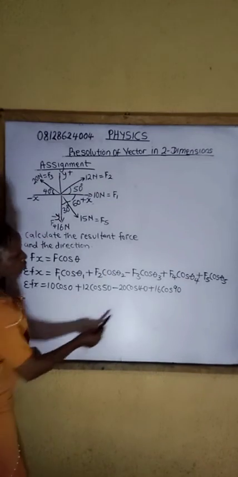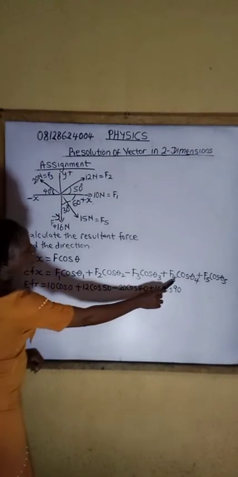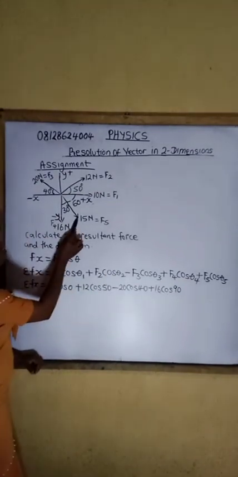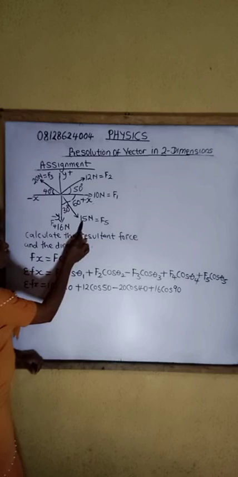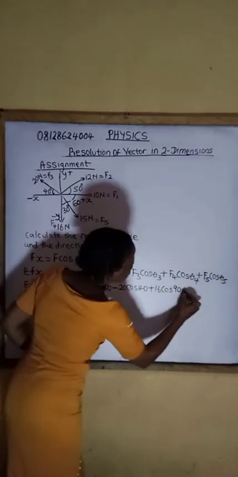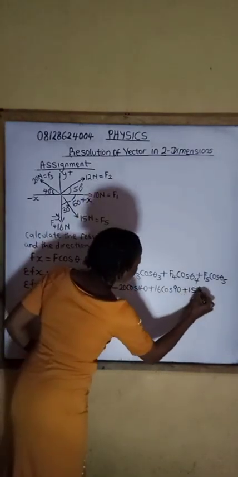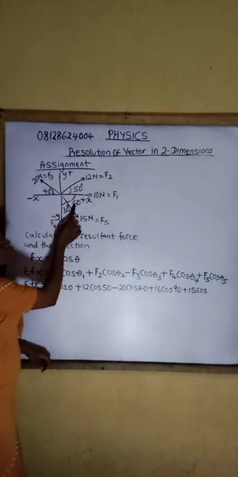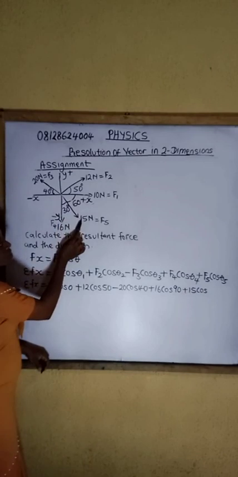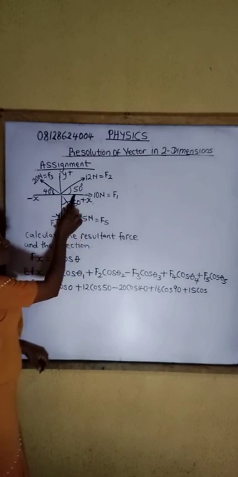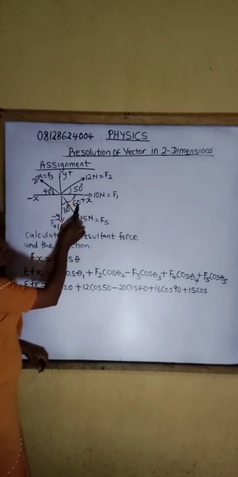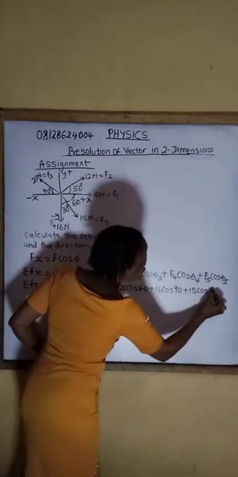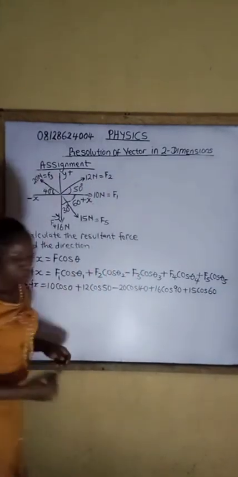So followed by F5. Our F equal to 15 plus 15. Then cos. Then what is our theta? Theta equal to 60, because this force is inclined at this angle towards the x-axis. So our angle equal to 60.